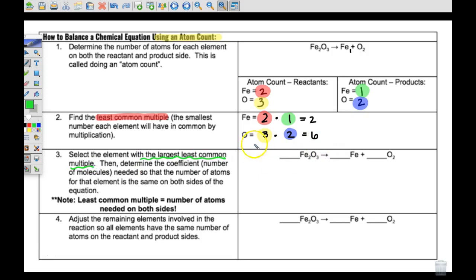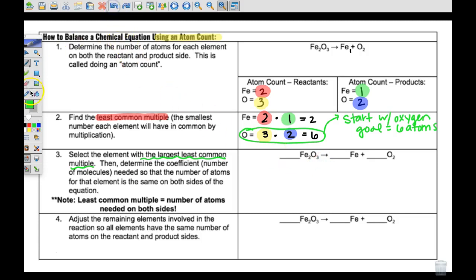So what this means is that I'm going to be choosing oxygen because 6 is greater than 2. So I'm going to be starting my balancing process with oxygen, and my goal is to get 6 atoms of oxygen on both sides to start.